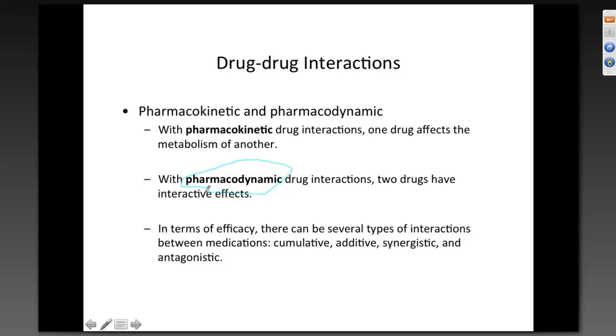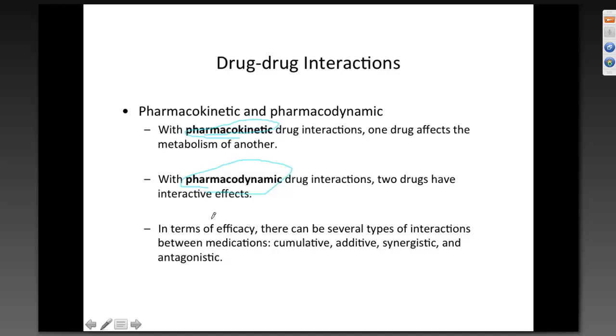With the alliteration of the D's. The dynamic is what the drug does to the body. Pharmacokinetics is what the body does to the drug. Okay? Pharmacodynamics is what the drug does to the body. Pharmacokinetics, the other one's the other one.